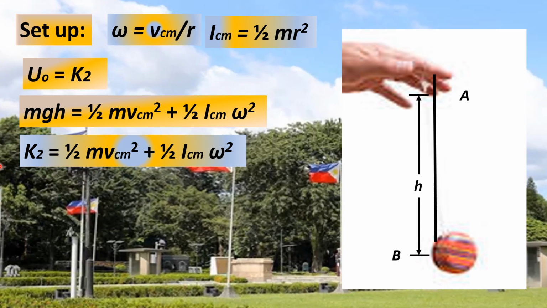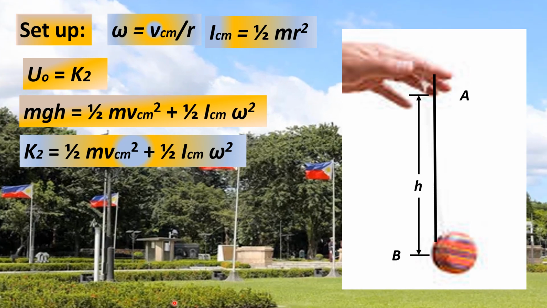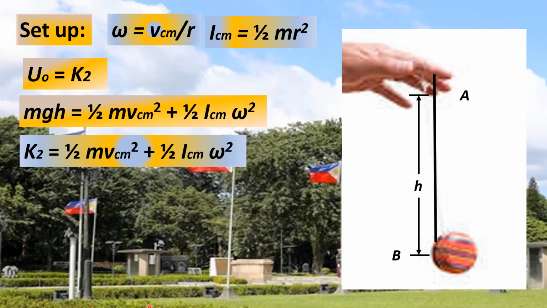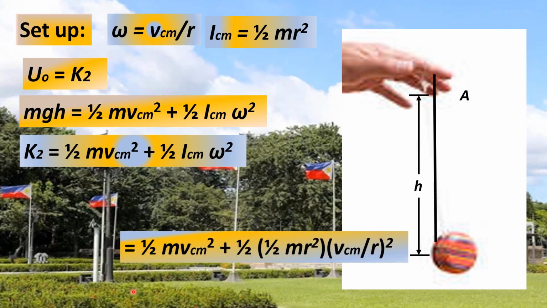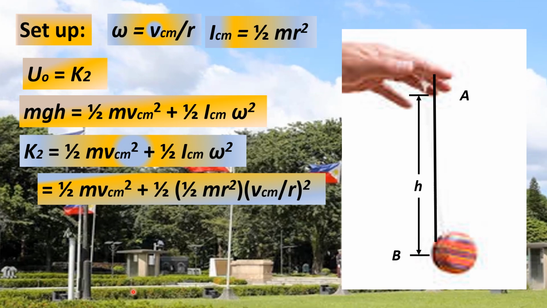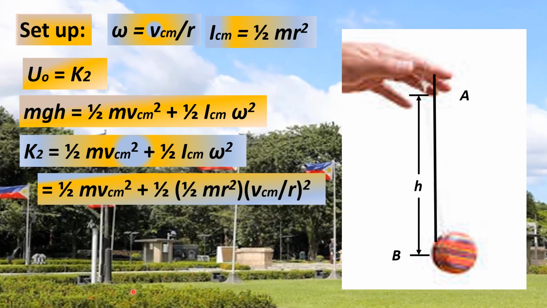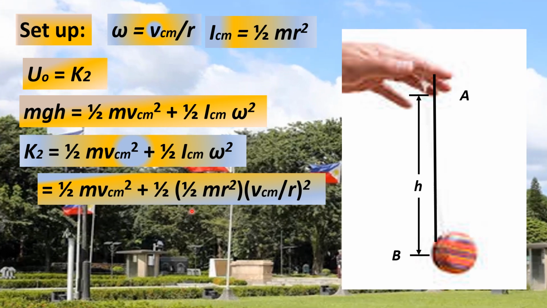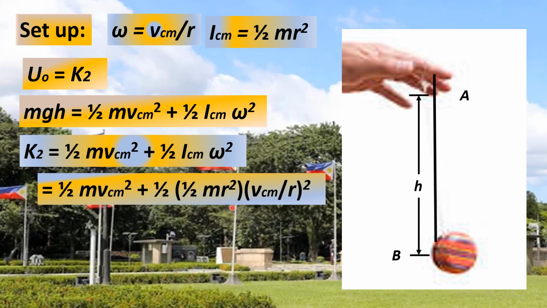All right. So K2 can now be simplified further as 1/2 mass times the square of v sub cm plus 1/2 quantity, 1/2 mass times the square of r.